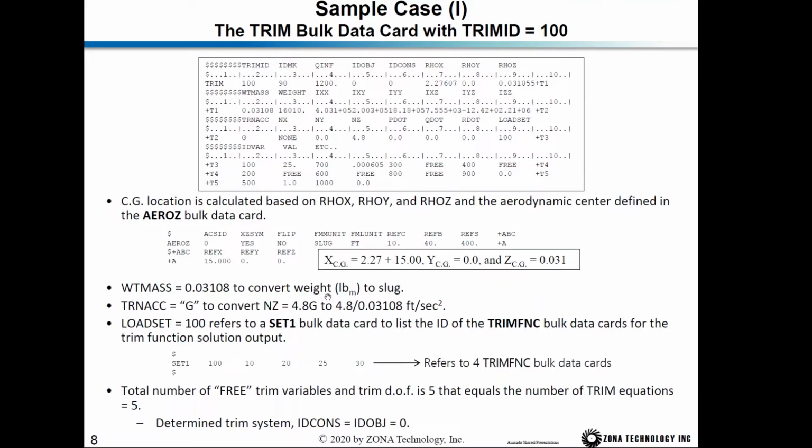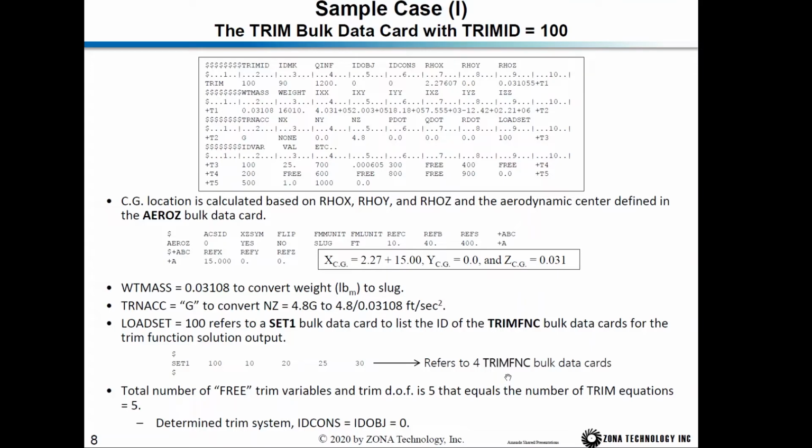And also right here, if we say that this is G, then all we need to do for the NZ is put 4.8 G. Then because the program knows the gravity is 32.2, 4.8 times 32.2 will become the true unit of the acceleration in feet per second squared. And this 100 refers to the trim function count.